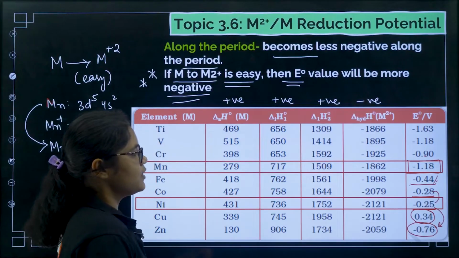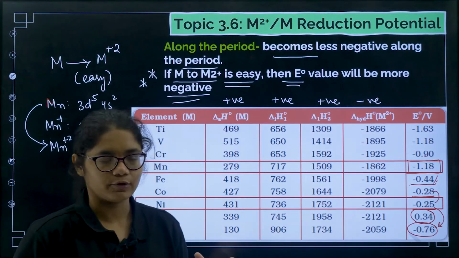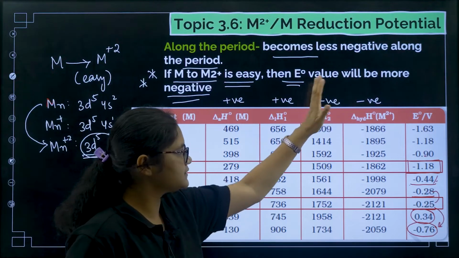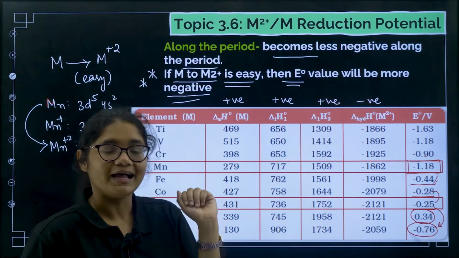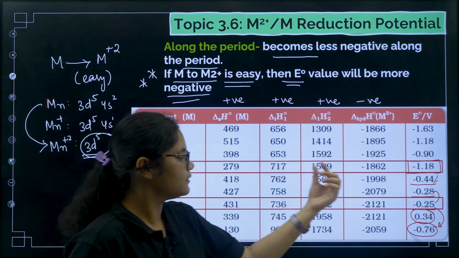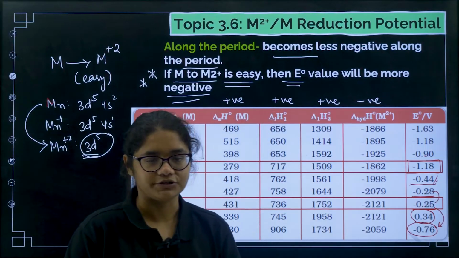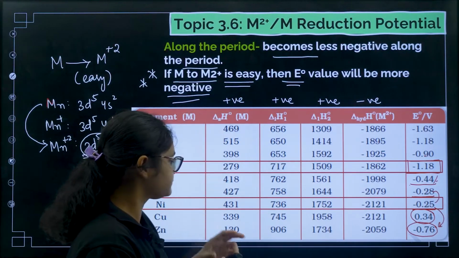Now for nickel especially, the hydration enthalpy is very high. So this positive is there and this negative is there, and this value is very high. As a result of the very high hydration enthalpy, the electrode potential changes. Let me repeat it again.